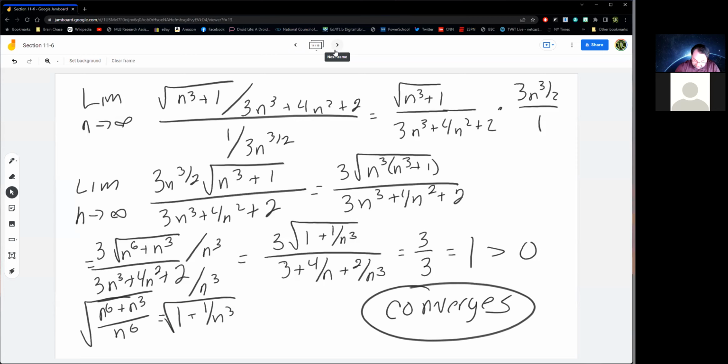Got it. Okay. Yeah, because I was thinking, isn't it technically n, or if you were looking at it the way I was, it would just be n to the 3 over 2, right? No, you can't do it that way, because you can't take the square root for each piece.